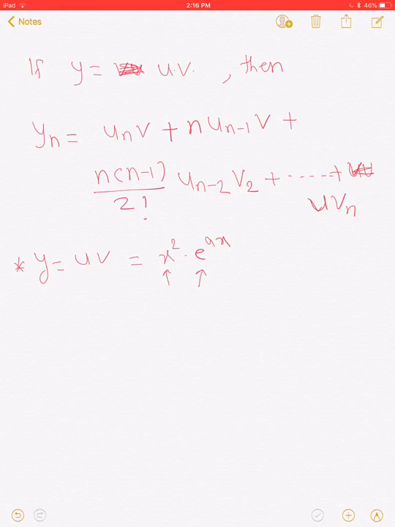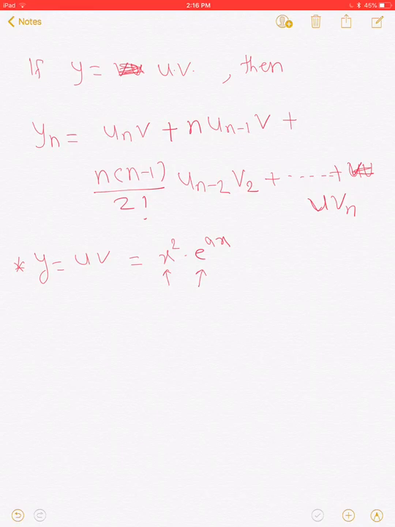While solving the problems, the choice of u and v is very important. That function should be chosen as v whose successive derivatives vanish earlier, and that function should be taken as u whose nth derivative is known or can be easily calculated.